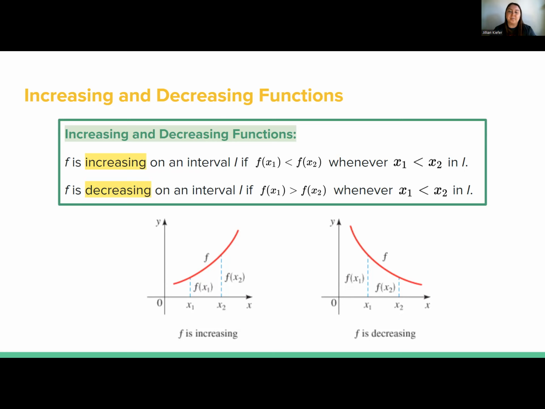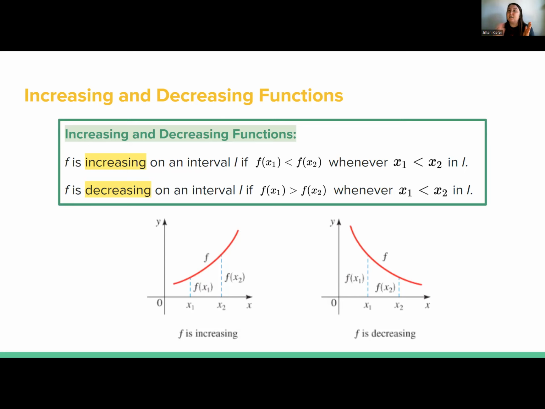So we're saying that as x increases, y should increase as well, or f of x should increase as well. Then our second here, opposite, f is decreasing on an interval I if f of x sub 1 is greater than f of x sub 2 when x sub 1 is less than x sub 2 in your interval. So fancy words of saying if x is increasing, your function is decreasing if your y values are going to be decreasing as well as x is increasing.